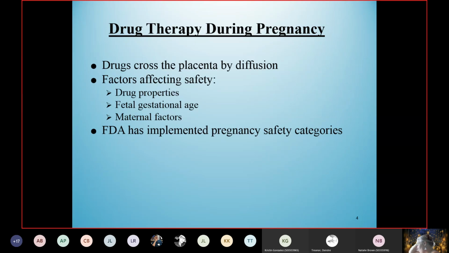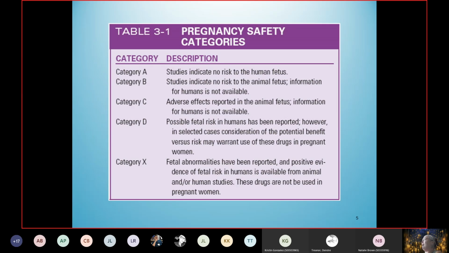And then you have your FDA classifications according to safety. And these are based on mostly animal studies, very few human studies. So those categories, you have category A, where studies indicate no risk. Okay. Category B, no risk to an animal fetus, but there's no information for humans.